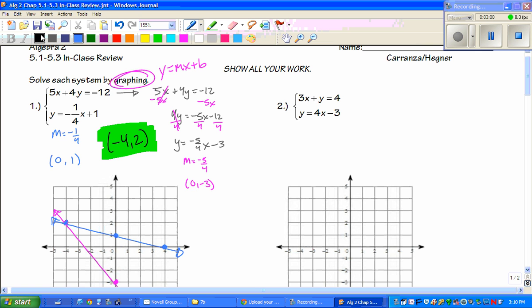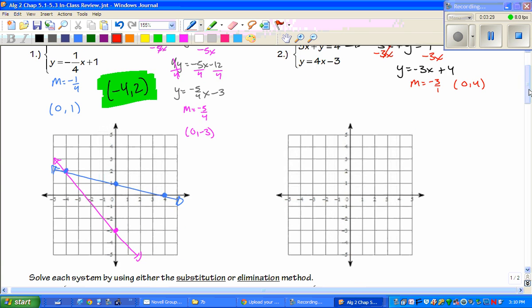Okay, number 2. We got to do the same thing. That's not in y equals mx plus b, so subtract the 3x, and we get y equals negative 3x plus 4. So our slope is negative 3 over 1, and our y-intercept is 0, 4.